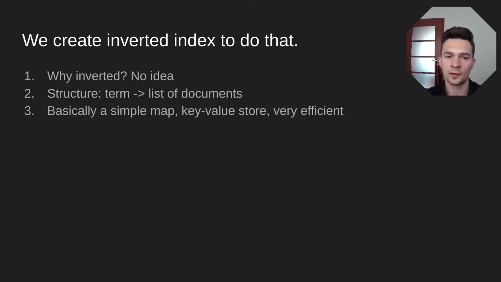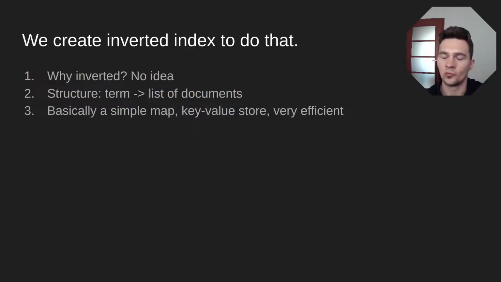So how do we do that? Obviously we can just scan documents, but it will not scale if we have thousands or tens of thousands or more documents. So we need some data structure to help us with that. And for that we are using an inverted index.